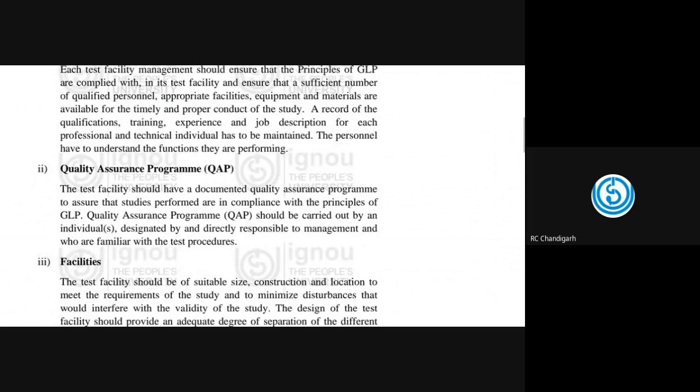Quality assurance program. The test facility should have a documented quality assurance program to assure that studies performed are in compliance with the principles of GLP.